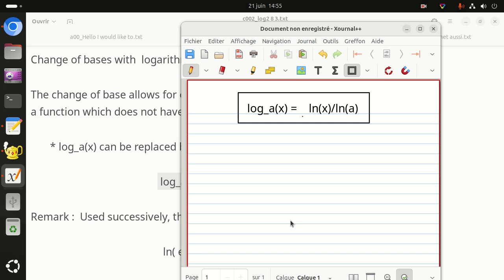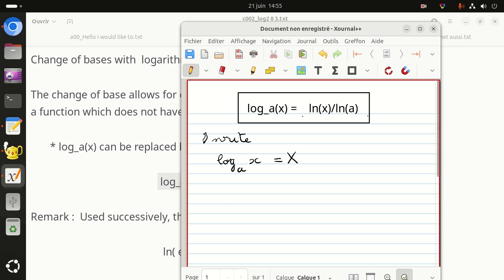Okay, first I write log of x in base a equal x.